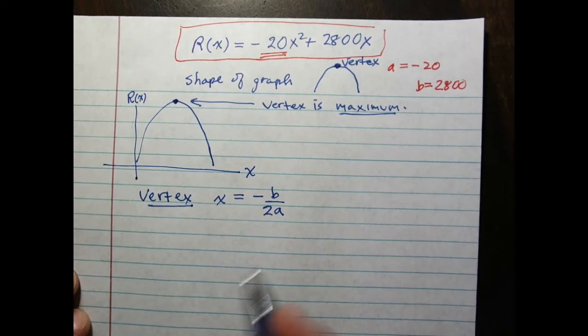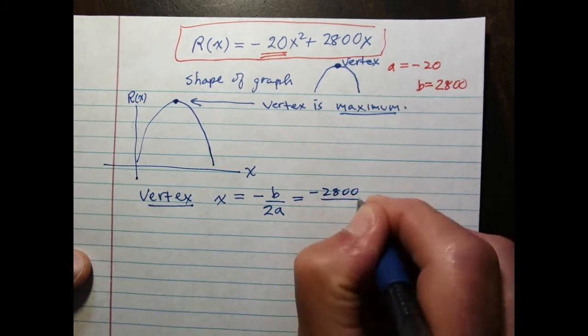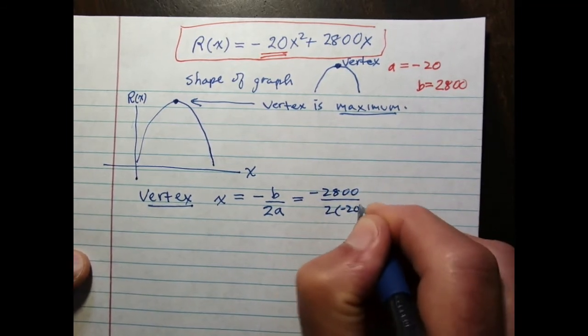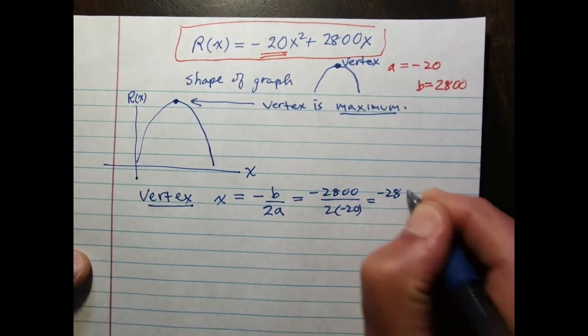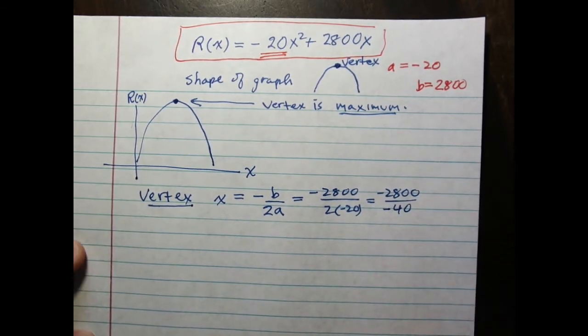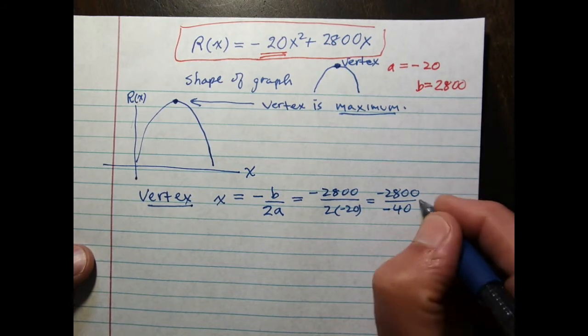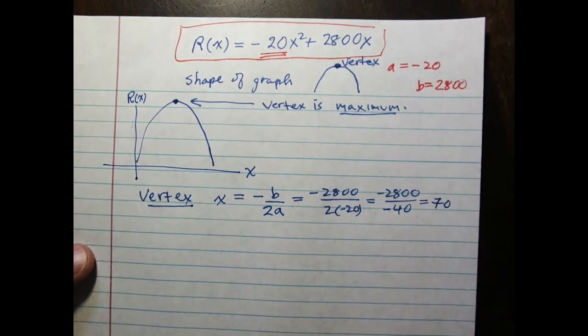So negative b over 2a is negative 2,800 over 2 times negative 20. That's negative 2,800 over negative 40. When I divide that out, I get 70.